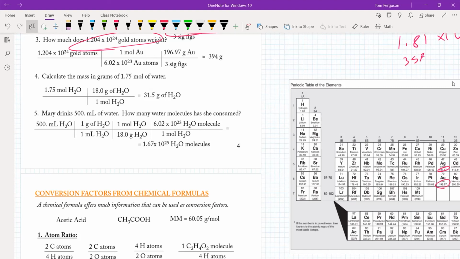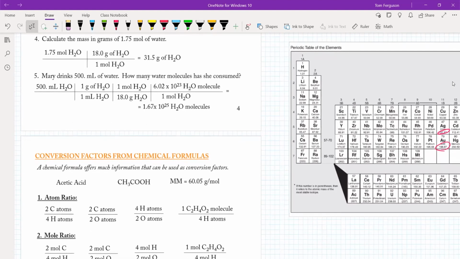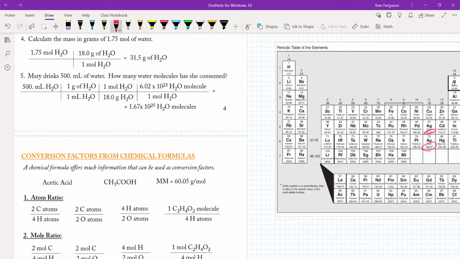So let's look at number 5. This is another conversion factor. A gram of water is the same as 1 milliliter of water. This is by definition, so it has infinite sig figs.